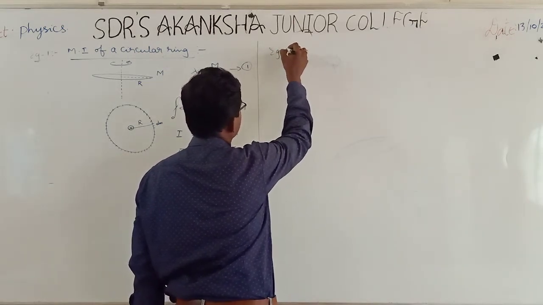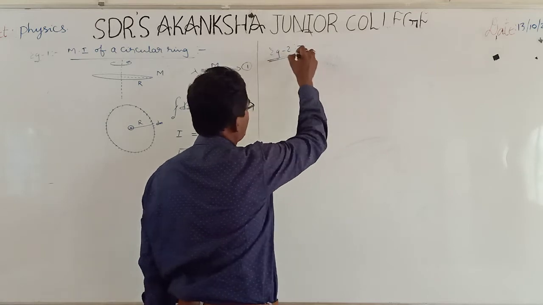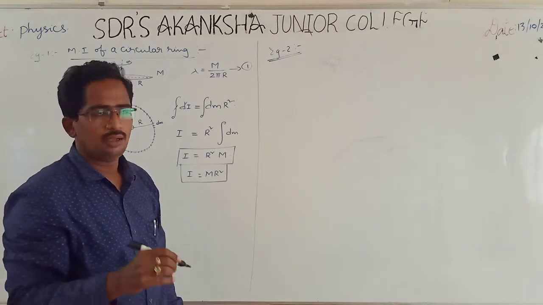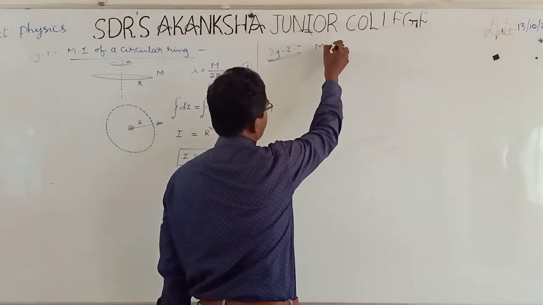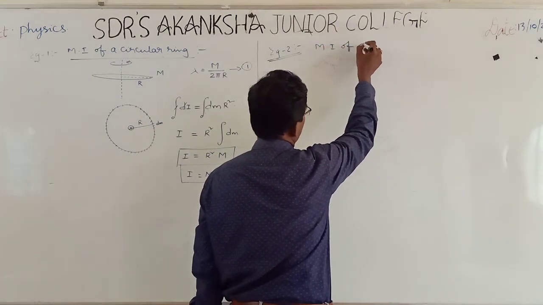In the second example, the body I am considering is a disc. What am I taking? A circular disc. So the moment of inertia of a circular disc.